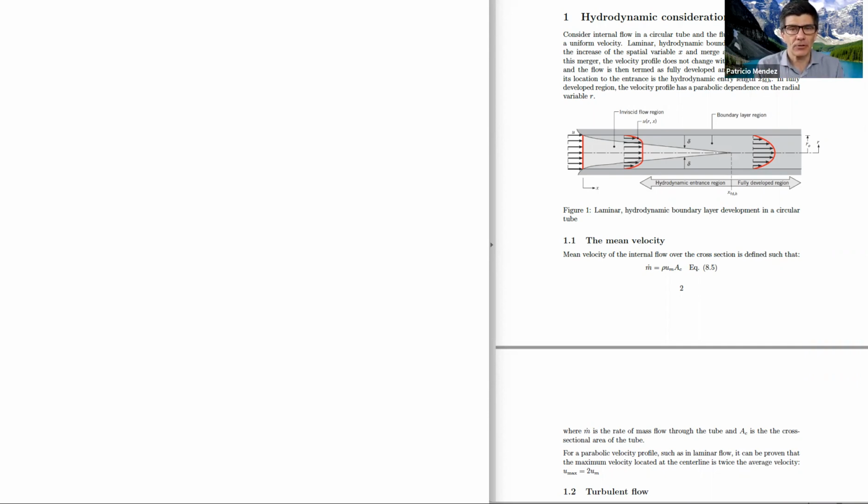For the case of internal flows, things are very much the same, except that this growth of the boundary layer cannot go on indefinitely because we have the other opposing surface.